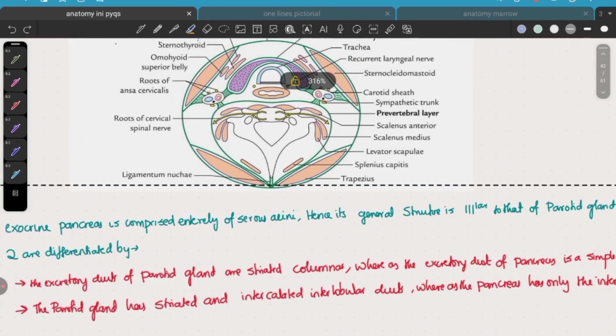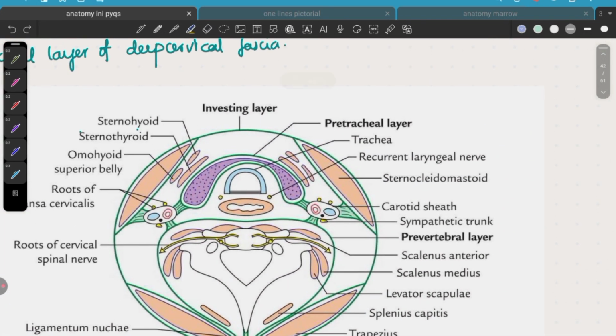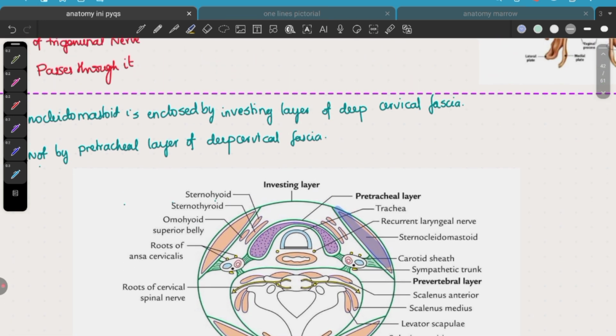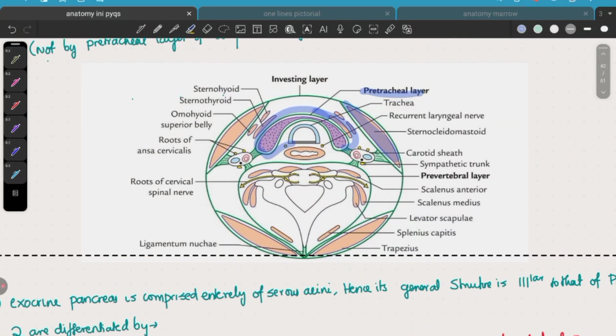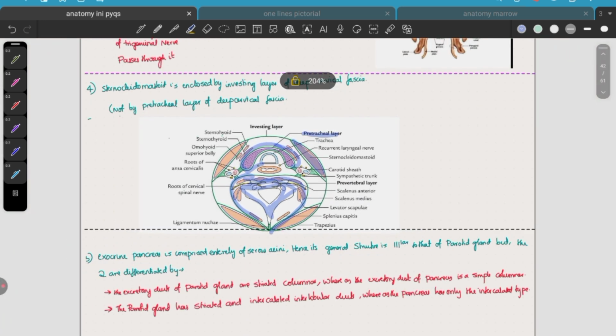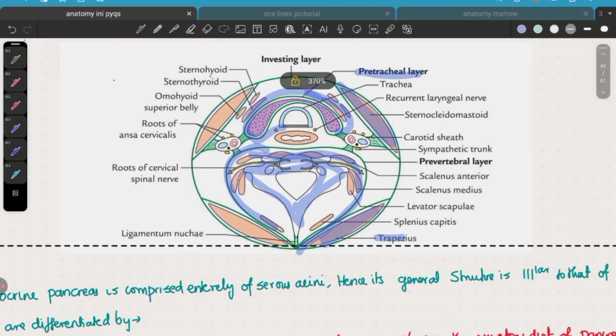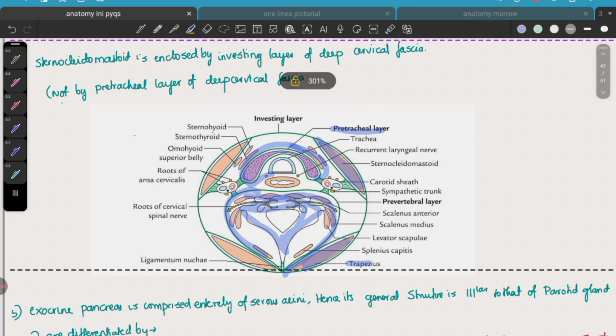See, this is the sternocleidomastoid, which is covered by the investing layer of the deep cervical fascia, whereas this is the pretracheal fascia, and around the vertebra, this is the prevertebral layer. Here, the trapezius muscle is also covered by the investing layer of the deep cervical fascia.